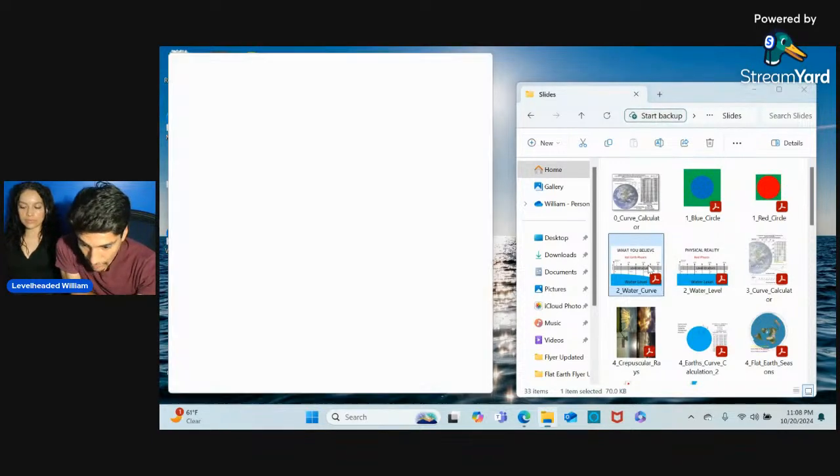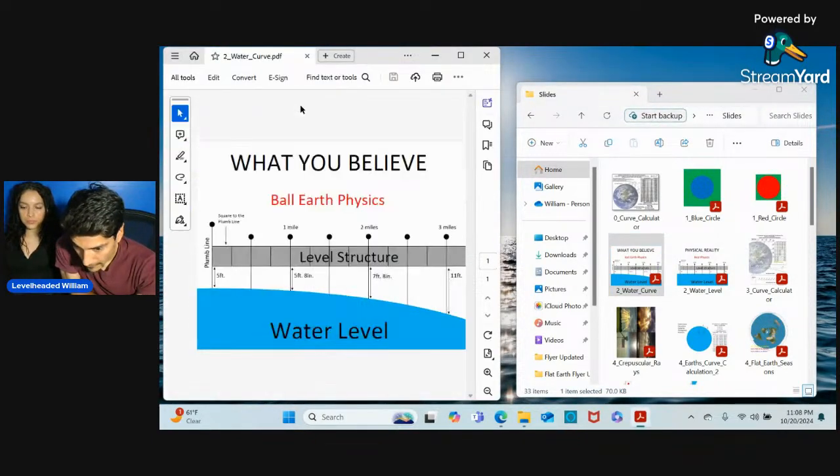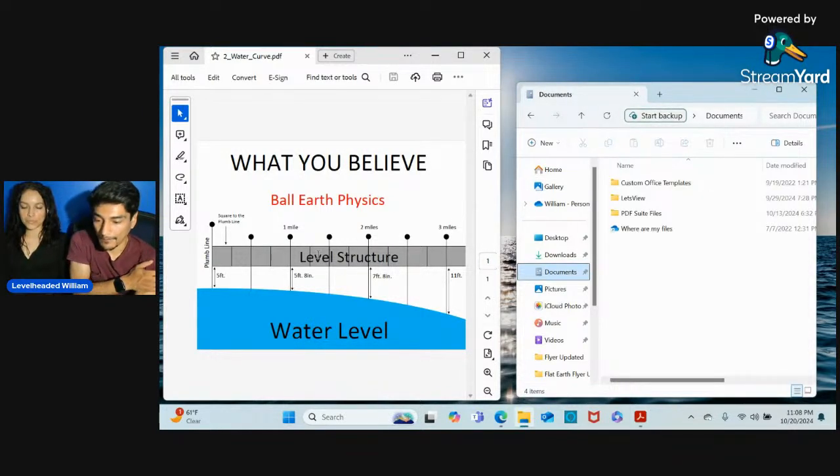So building a level structure like this, and again having the structure perpendicular to the initial plumb line here.